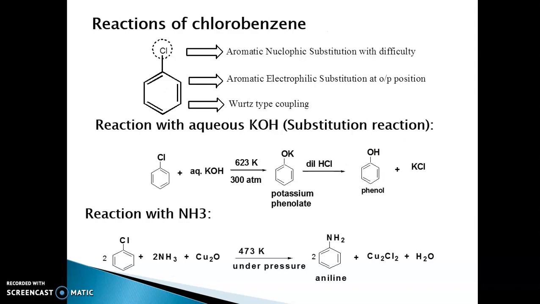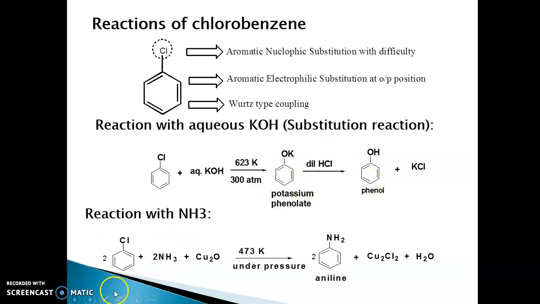So three chemical properties are there in our syllabus. Action of aqueous KOH: chlorobenzene on reaction with aqueous potassium hydroxide at 623 Kelvin under 300 atmospheric pressure first of all gives potassium phenoxide. This phenoxide on reaction with dilute HCl, acidification, gives the corresponding phenol.